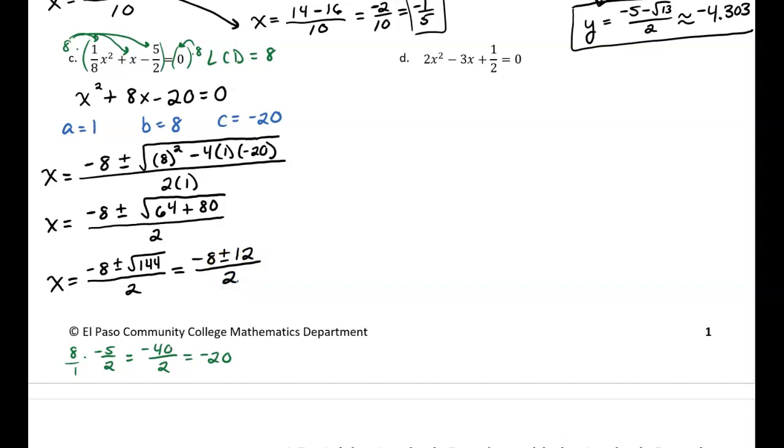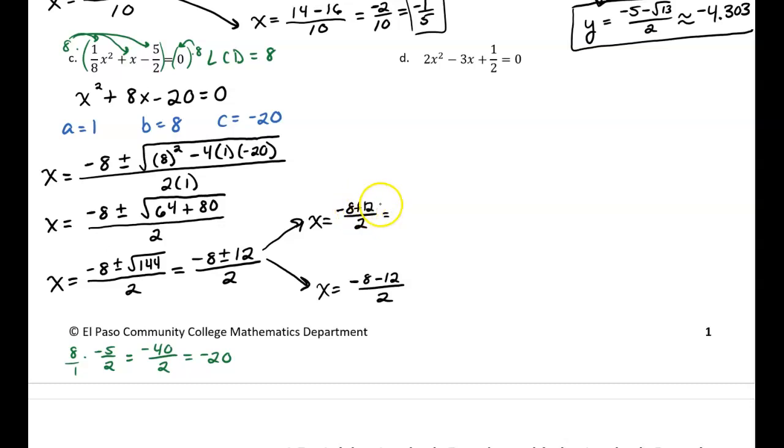So at this point, we're ready to break our answers apart. We know that plus or minus is going to give us two possible solutions. So negative 8 plus 12 divided by 2, and x will equal negative 8 minus 12 divided by 2.